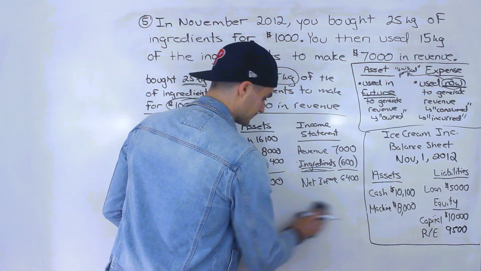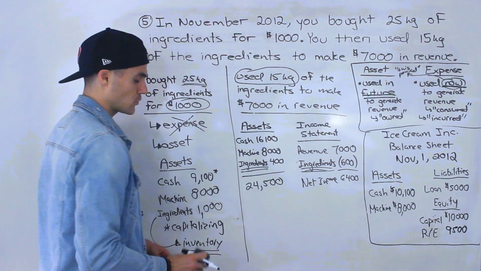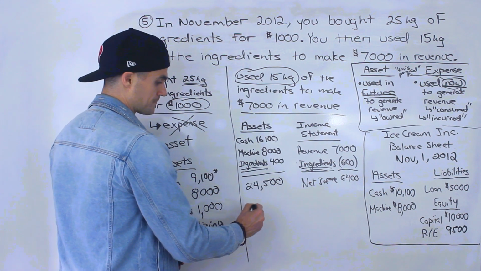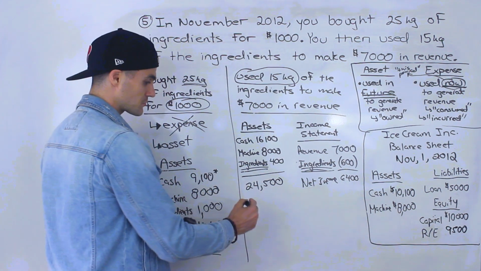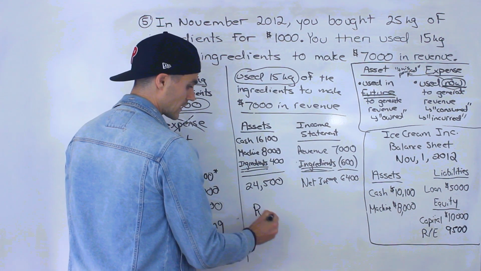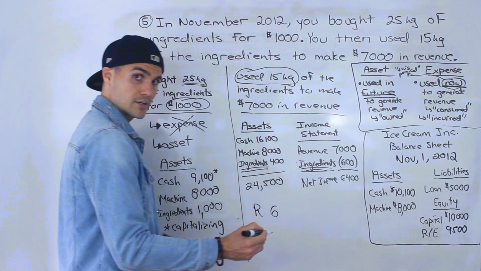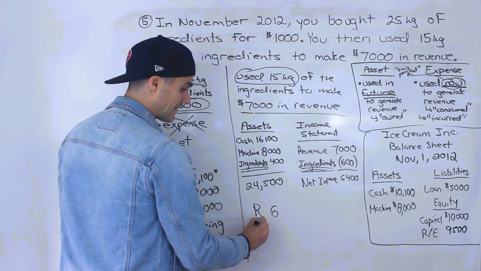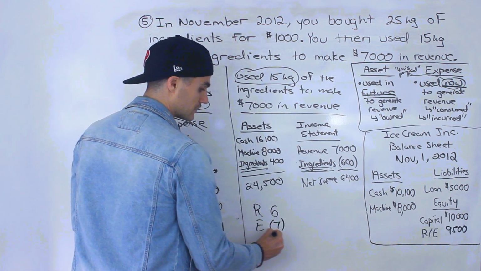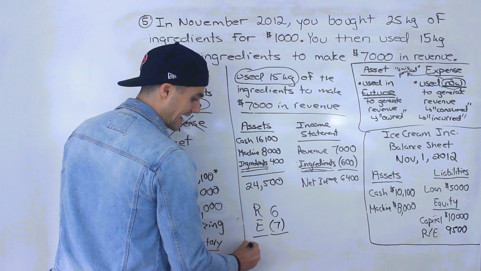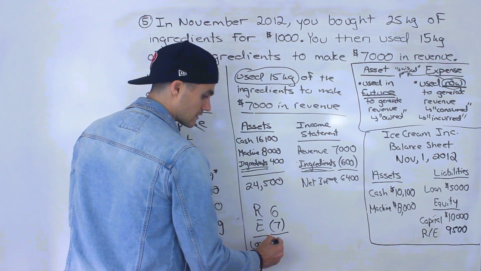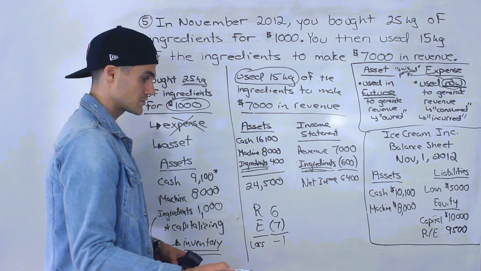So let me show you, from a higher level, what happened. These aren't the actual numbers I'm about to present, but it's going to give you an idea. Let's say they had revenue of $6 billion and expenses of $7 billion. So notice that they had a loss of negative $1 billion.